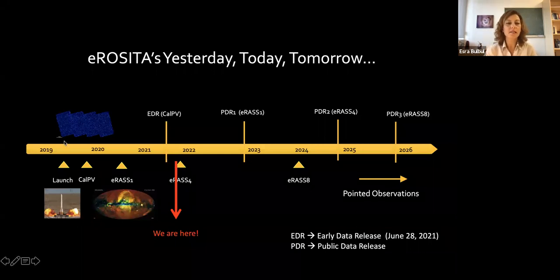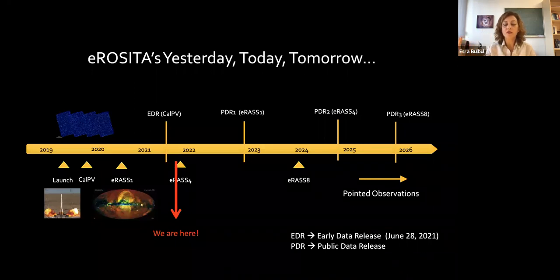So you can see here in 2019, we launched. After 1 month of travel to L2, we immediately started our CalPV observations, which ended in December 2019. Since then, we have been scanning the sky. Our cadence is that we scan the full sky once every 6 months, so we perform 2 sky scans every year.